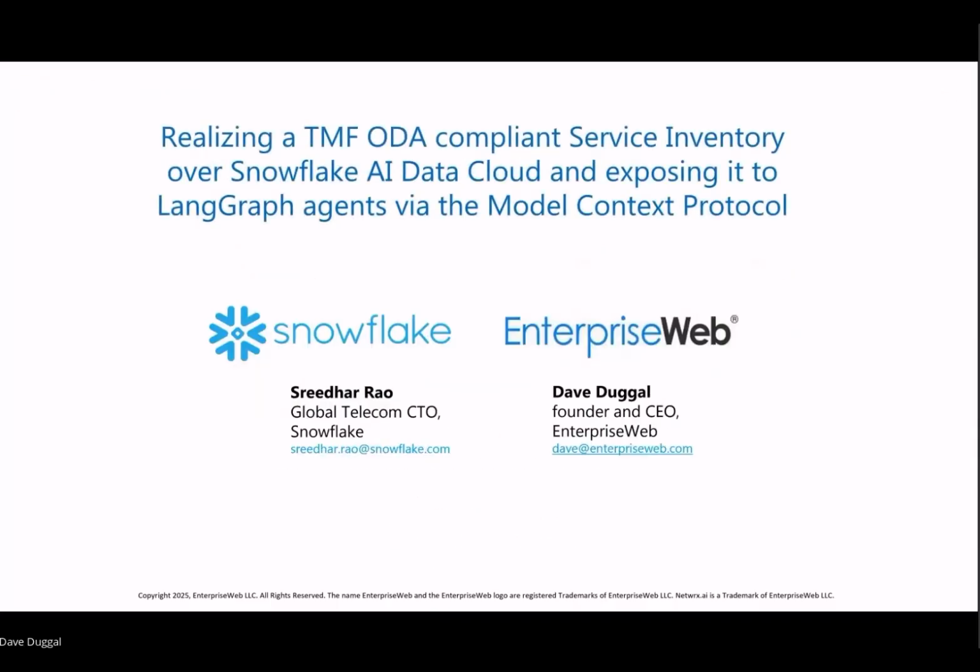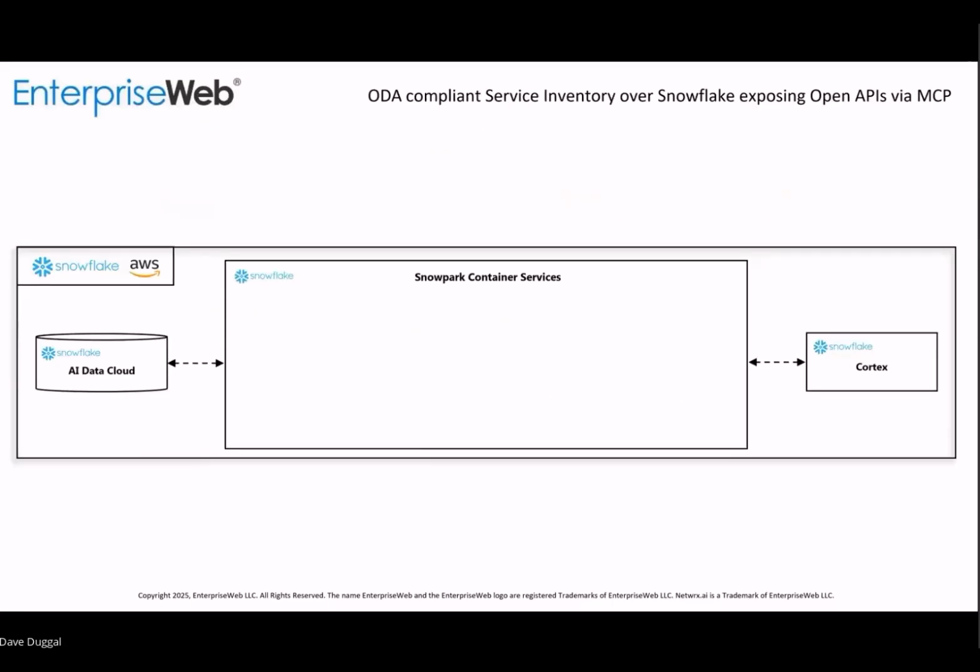So in this demo, my colleague Bill is going to show you how we project a TMF ODA compliant service inventory over Snowflake AI Data Cloud, and we're going to expose it as TMF Open APIs to LangGraph agents via the Model Context Protocol through our secure AI gateway. You might be familiar with Snowflake. This happens to be running in AWS. On the left, you have the AI Data Cloud, the warehouse.